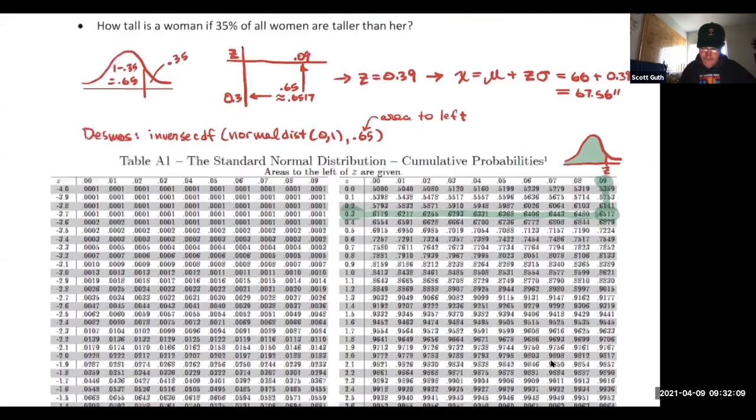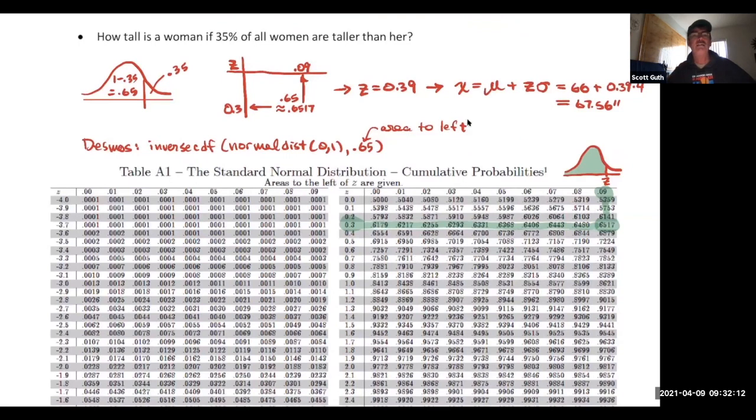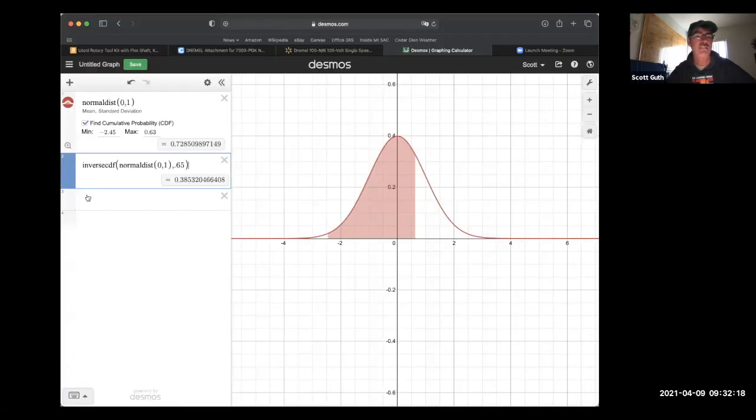Okay, so that's it for this chapter. I'll show you the Desmos screen again, so you can see the horrible command I typed in to get the 0.385, which I rounded to 0.39.